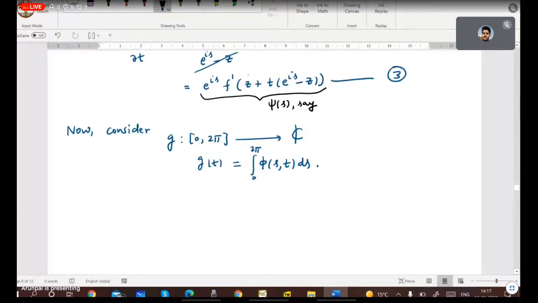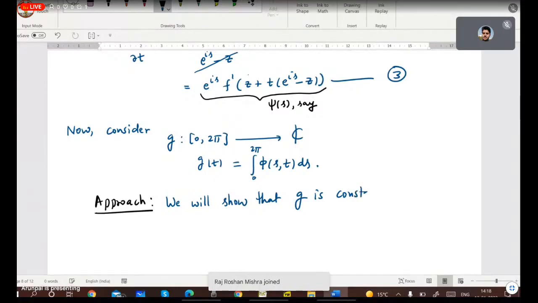And class, let me tell you what is going to be my approach. My approach is going to be that we will show that g is constant, and we will be done.